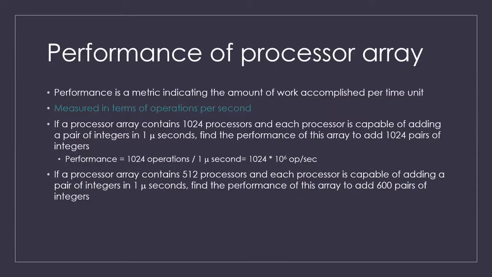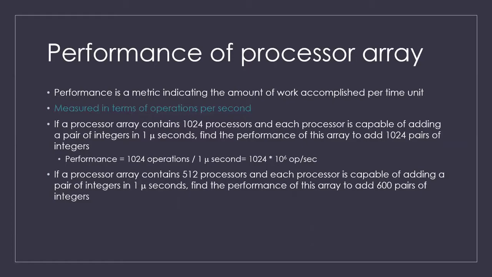The performance of a processor array is the amount of work done per unit time. Now let's move on to measuring the performance of a processor array. Here it is the number of operations executed per second.